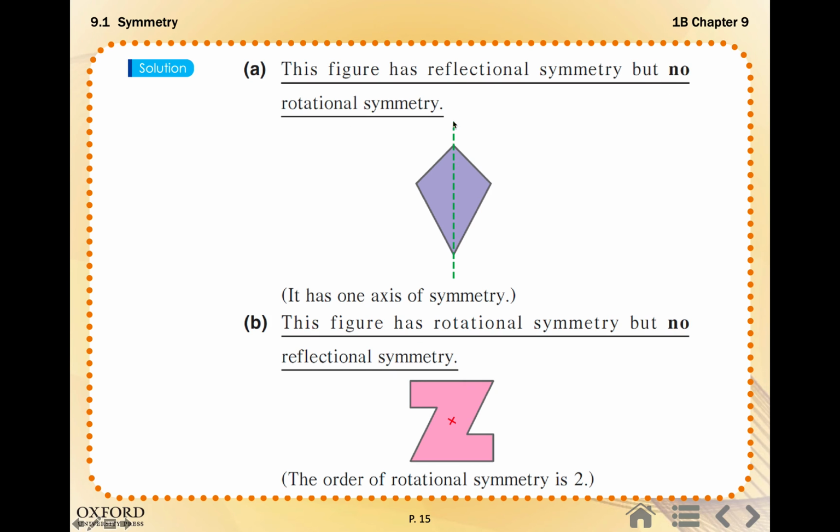And then just draw the axis of symmetry here. And for part B, there is no reflectional symmetry, only rotational symmetry. That's why you have to draw the cross here for the center of rotation. And some more information is given, that the order of rotational symmetry is 2 for part B.